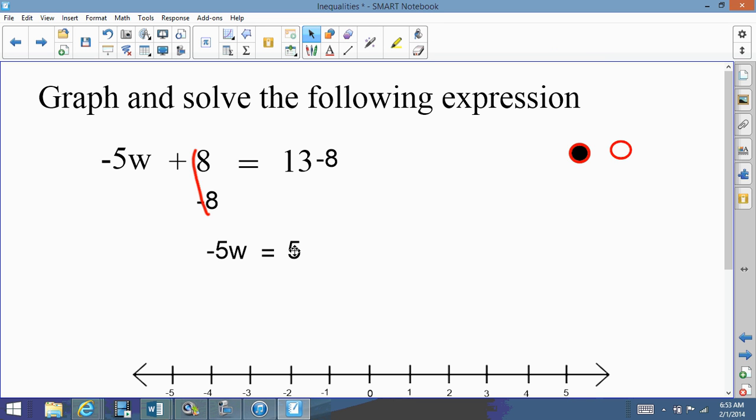So now we have to solve for w. We would divide both sides by negative 5, and that's the important point we want to talk about today. So we're going to divide by negative 5.